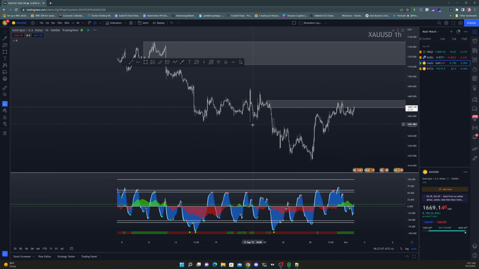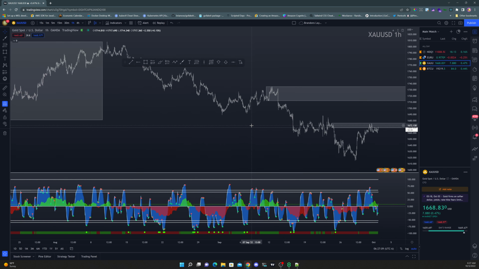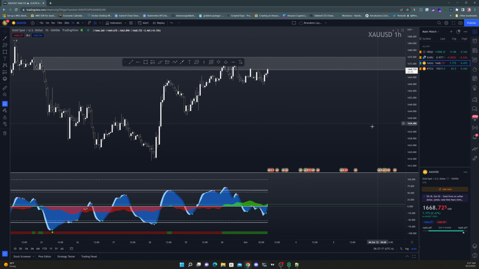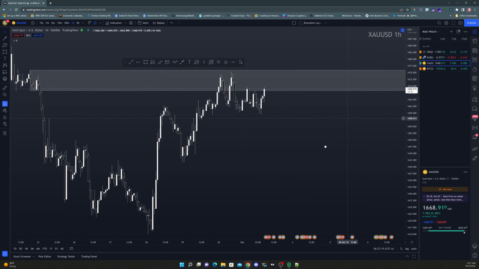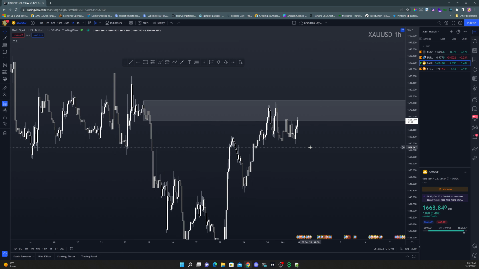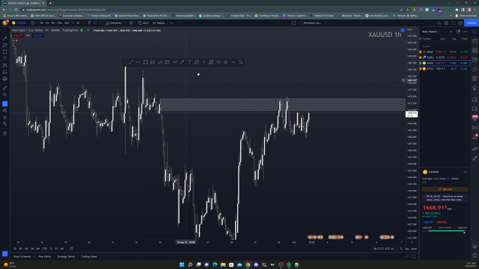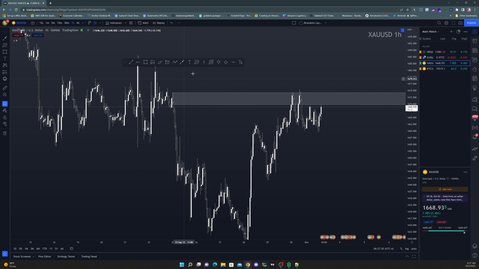Looks like we've got a lot of money in here, but I think it's ultimately starting to taper off. Could be. But we're in a zone. We can refine it down to here. But this price action just does not look good at all.